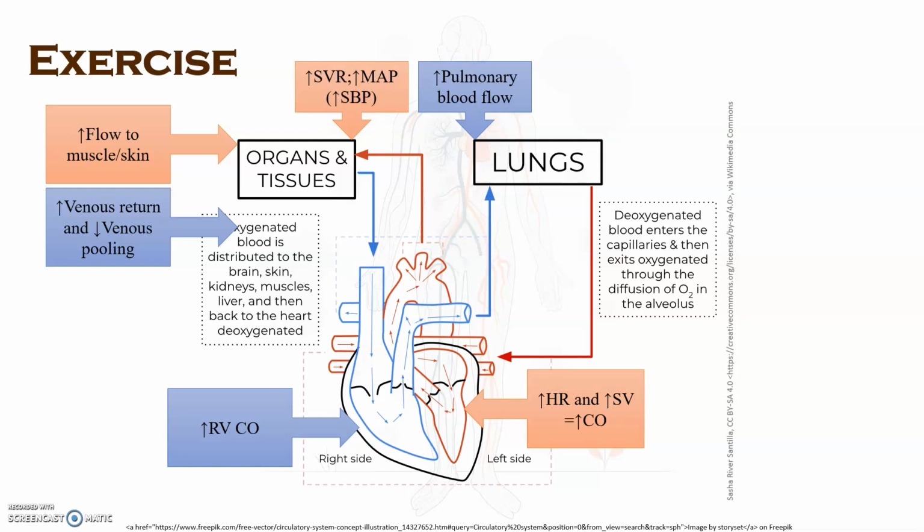Initially, the systemic overstimulation leads to an increase in systemic vascular resistance and an increase in mean arterial pressure. But ultimately, while there is an increase in mean arterial pressure, this is more due to an increase in cardiac contractility, increasing mostly the systolic blood pressure.